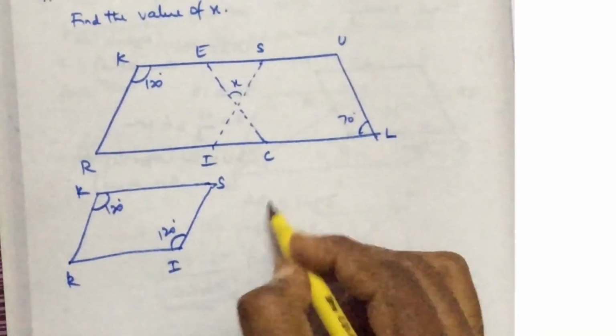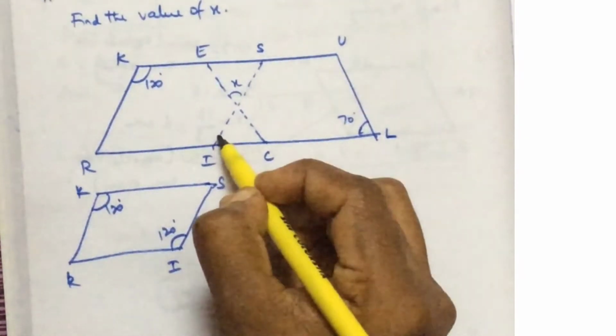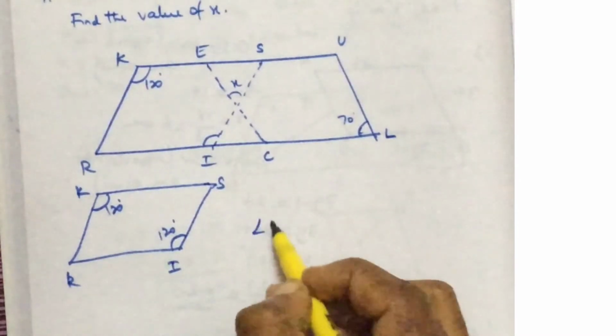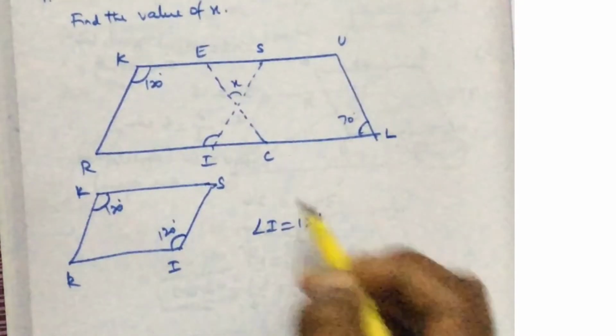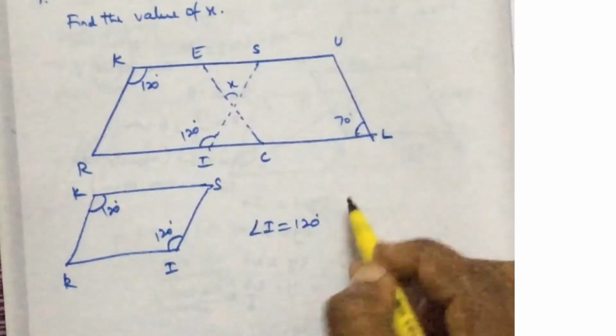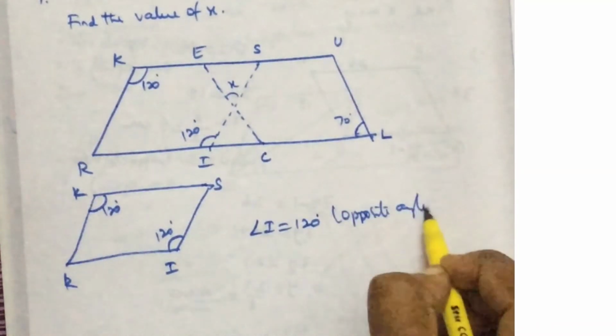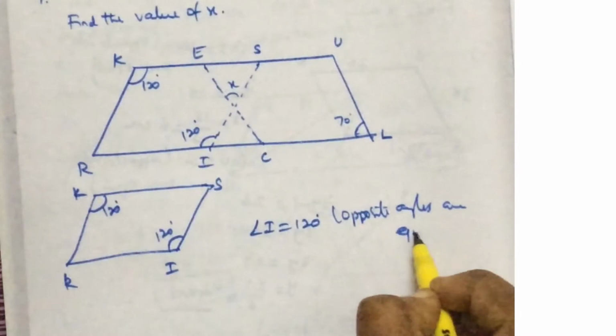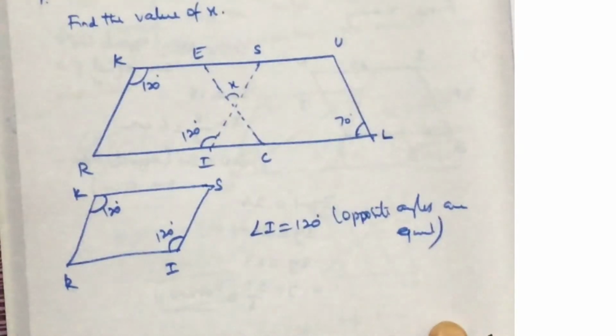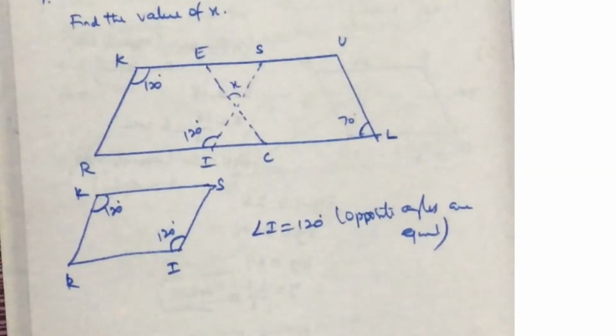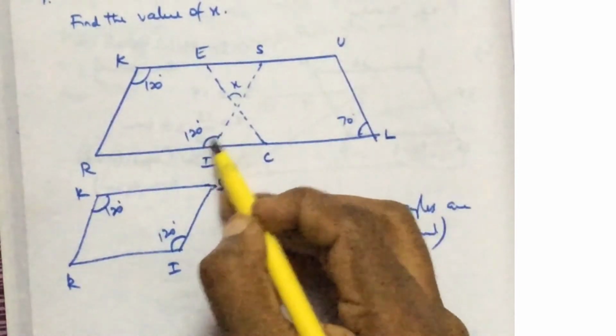My first point is, this angle I is 120, because opposite angles are equal. So, angle I is 120.